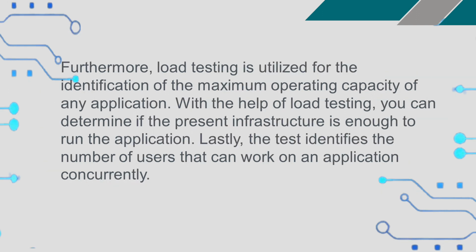Furthermore, load testing is used to identify the maximum operating capacity of any application. With its help, you can determine if the present infrastructure is enough to run the application. Lastly, the testing identifies the number of users that can work on the application concurrently.